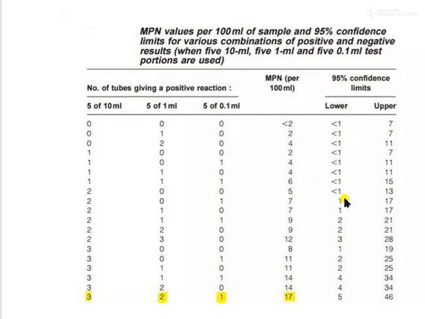And of course you have a 95% confidence limit, that is if you're getting the answer 5 over here, maximum it can go up to 13. So like this you calculate the MPN value. To find the number of coliforms, you can use the MPN method, or the most probable number method, to find the count of the coliforms which could be present.